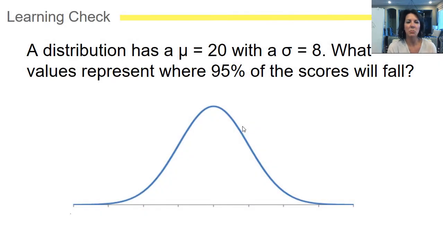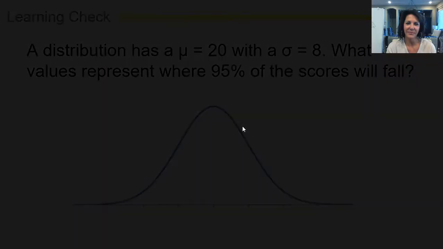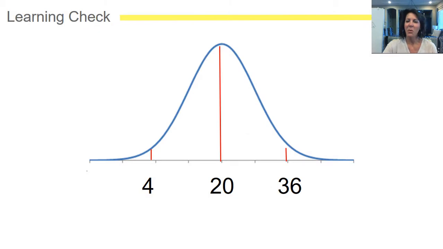Here's another one. A distribution has a mean of 20 with a standard deviation of 8. What values represent where 95% of the scores will fall? Okay, we just have to remember back. What does 95% mean? So now we have the scores of 4 and 36 that are the boundaries for 95% of the scores. How did we get that?